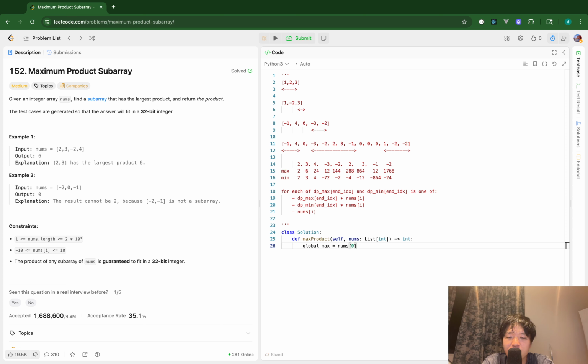I will take the first number and put it as the global max temporarily. This global max will be updated in the dynamic programming steps and eventually returned. So for the base case, it should be the first element.